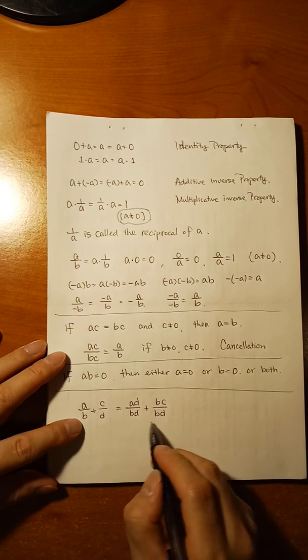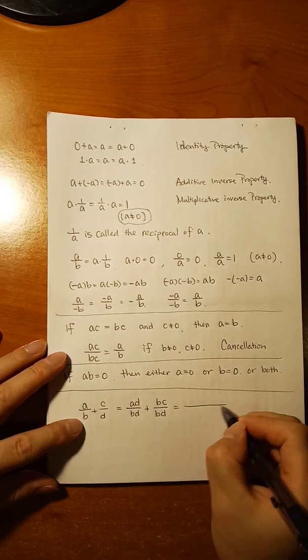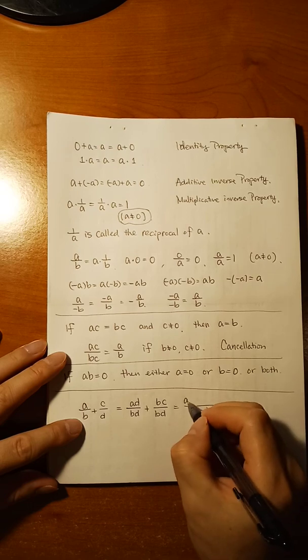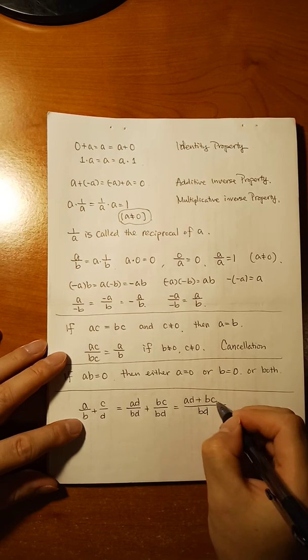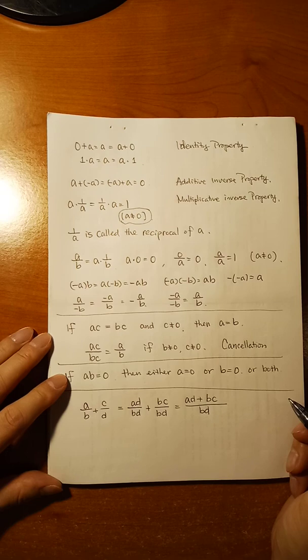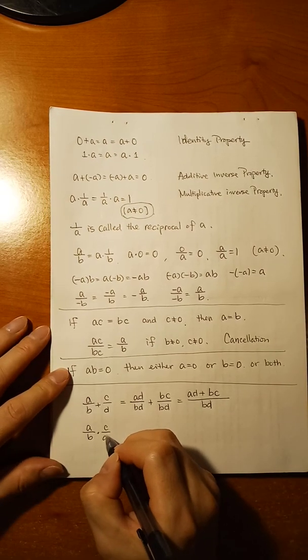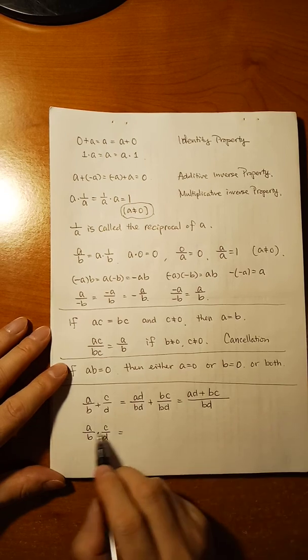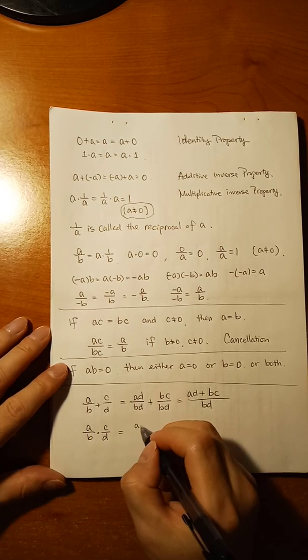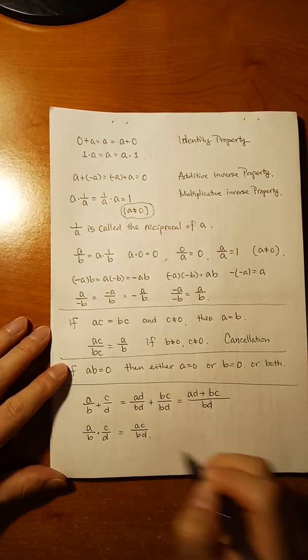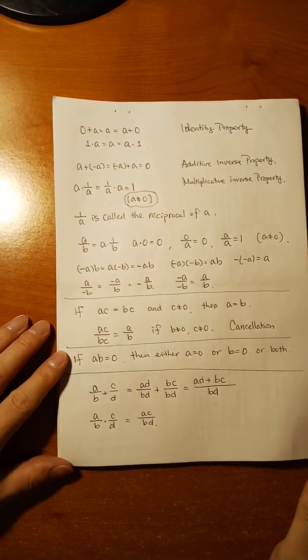Now they share the same denominator, so you only add the numerators. That's addition. And the product is simpler than addition. It's just numerator times numerator, denominator times denominator. Okay, this is the product.